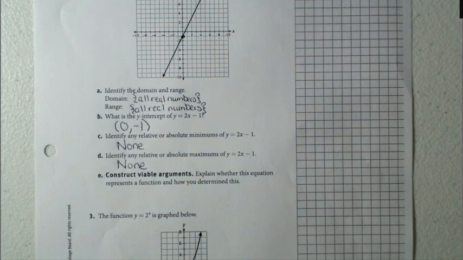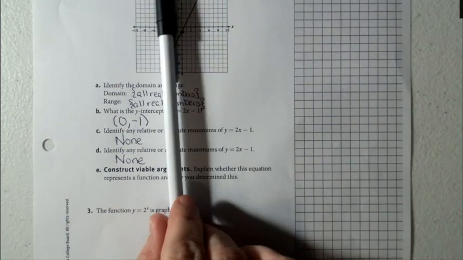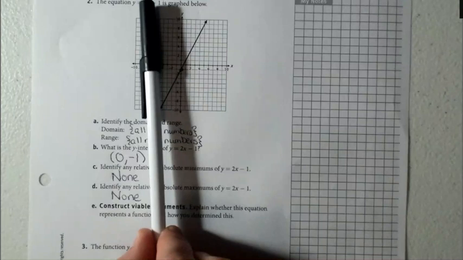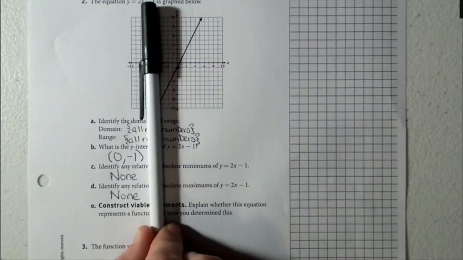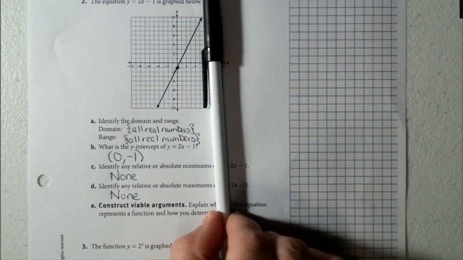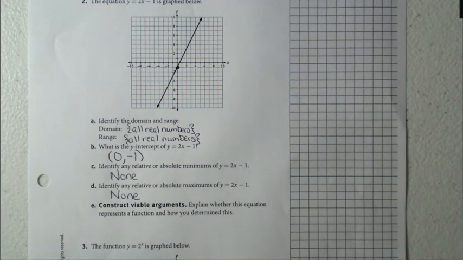Explain whether this equation represents a function and how you determine this. Now remember, in the last lesson, we talked about the vertical line test. If I have a vertical line that runs across this picture and only touches one point at a time, it is considered a function because no x value is being used more than once.